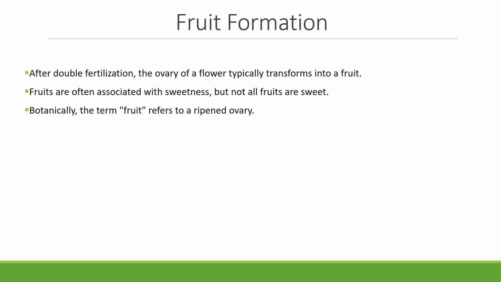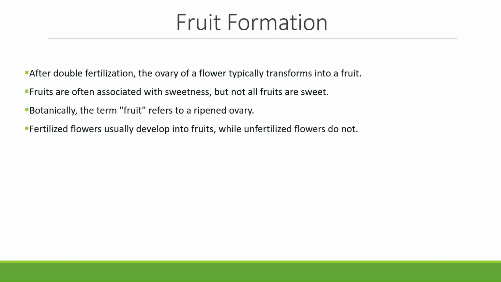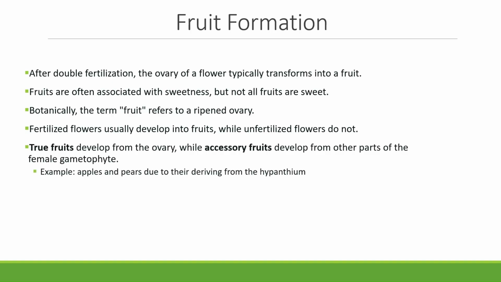A fruit is a ripened ovary. This definition is based on developmental origin from the gynoecium. Fertilized flowers usually develop into fruits, while unfertilized flowers typically don't. We distinguish true fruits from accessory fruits by the origin of their tissue, so where they are derived from the flower.